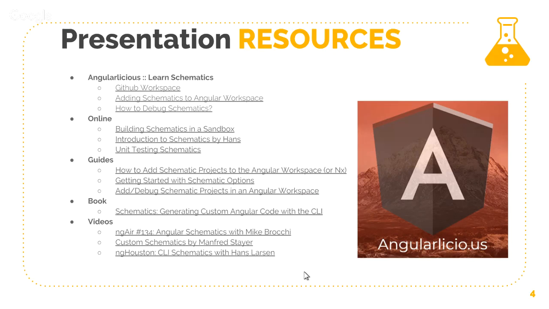They're on the GitHub in the guides section: how to add schematic projects to a workspace, how to configure options for schematics, and how to debug and test schematics. There's also a reference to a book by Manfred Steyer and some videos that I found very helpful in learning what schematics are about, what they do, and what they're capable of. So anyway, the resources are available on the slide deck, which you can get at the GitHub Angularlicious site.